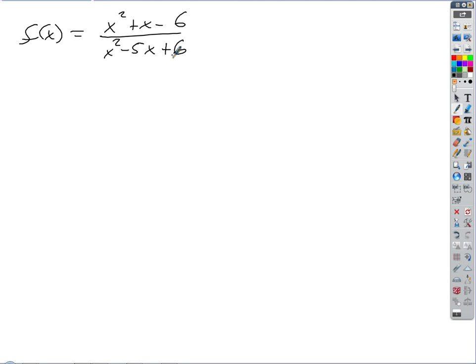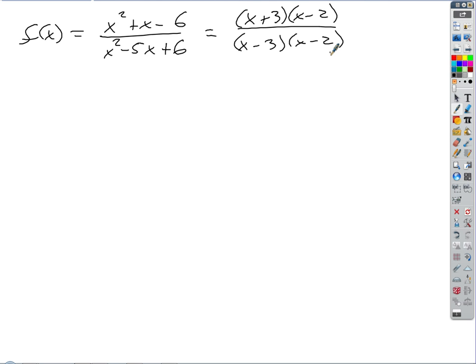Let's find any discontinuities on the function. You're getting that by factoring top and bottom. So if we factor the top, what do we get? x plus 3, x minus 2. The bottom we get x minus 3, x minus 2.